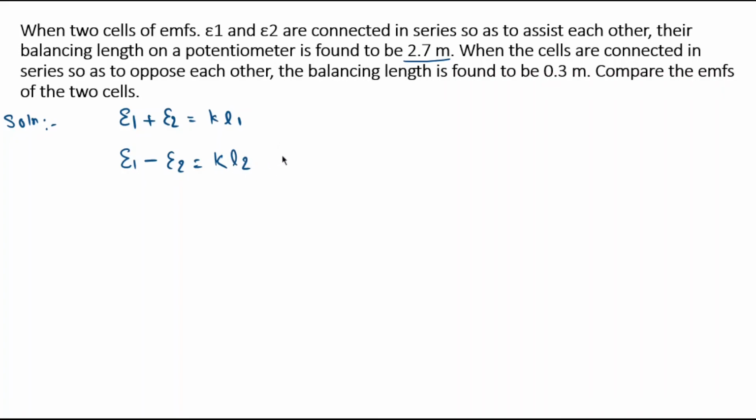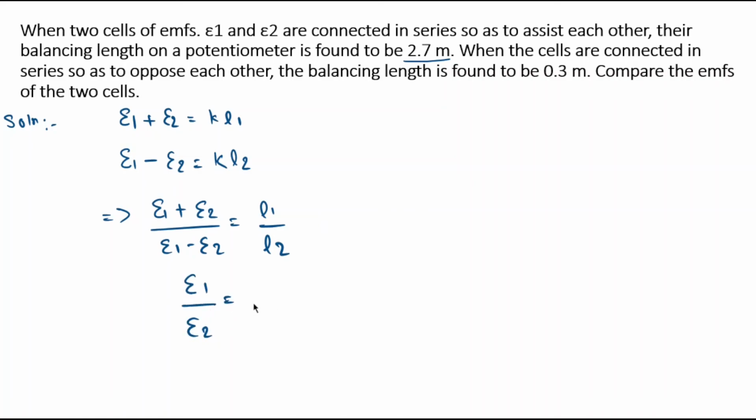Now let's take the ratio, which implies E1 plus E2 divided by E1 minus E2 equals L1 upon L2. Now applying componendo dividendo, we get E1 upon E2 equals L1 plus L2 upon L1 minus L2. Now let's substitute the values of L1 and L2.